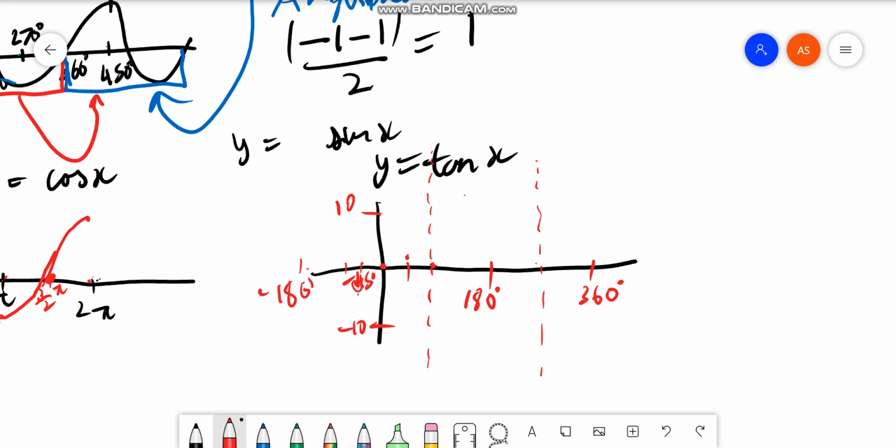So the graph is going to go like this, and over here this is also undefined, -90. Tan -90 is undefined. It's going to look like this, so it's going to go through the 0. It shows everything until that, but not those points. So it just skims across without touching.